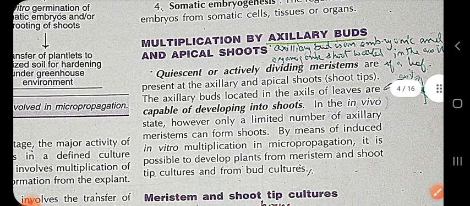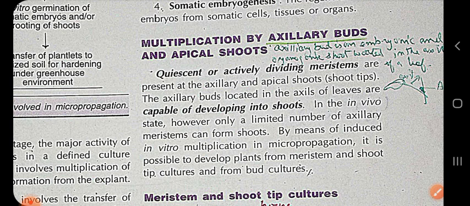Quiescent or actively dividing meristems are present in the axillary bud and apical shoots, which are also called shoot tips. Axillary buds are located in the axil of the leaves, as I have shown you just now, and they are capable of developing into shoots.